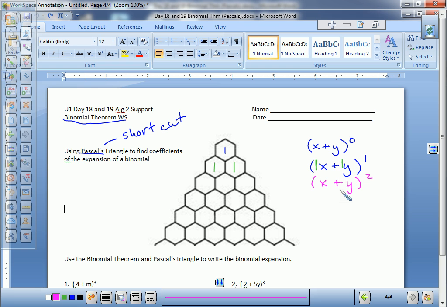Okay? Now when we square x plus y, our answer looks like this. It is 1x squared plus 2xy plus 1y squared. So it's 1, 2, 1 when we look at our coefficients.